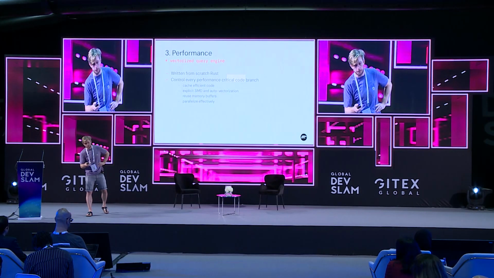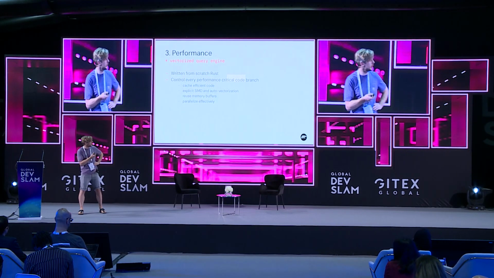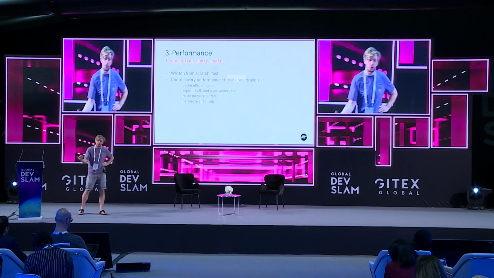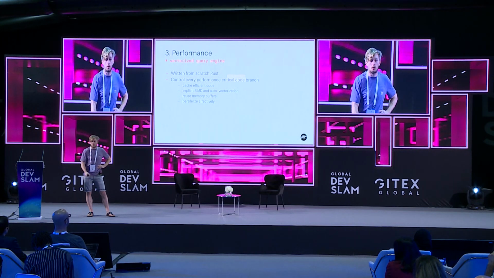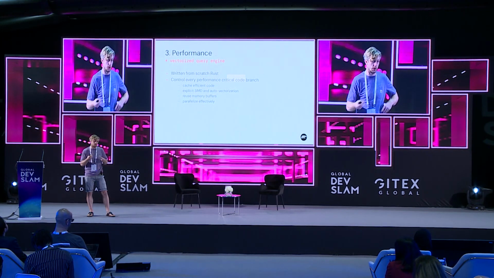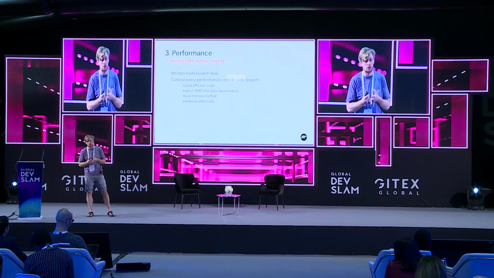And the third thing you get is performance, because it's written completely from scratch in a low-level language with C and C++ performance. This is the Rust language. It allows us to control every performance-critical code branch. It allows us to write cache-efficient code. We use explicit SIMD and auto-vectorization.